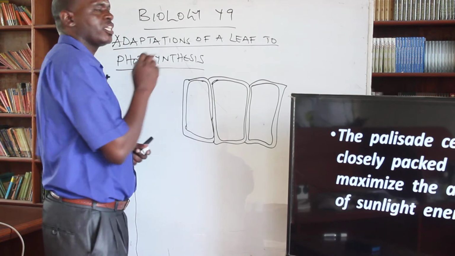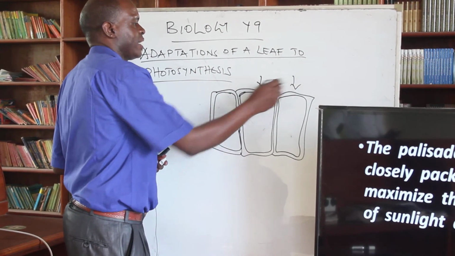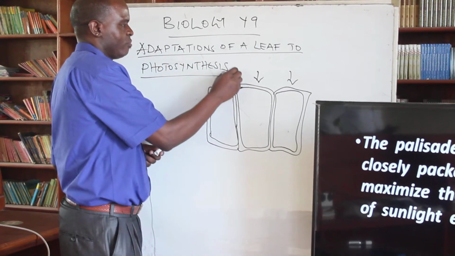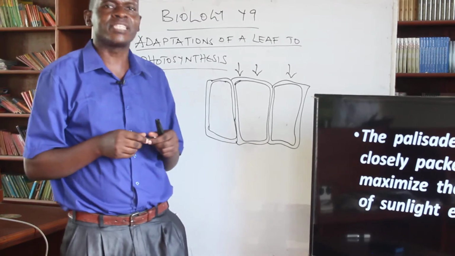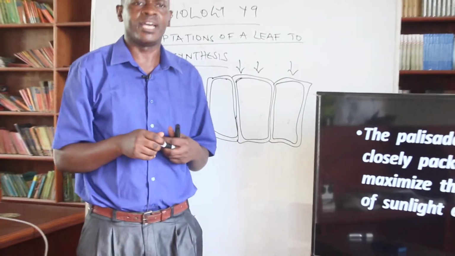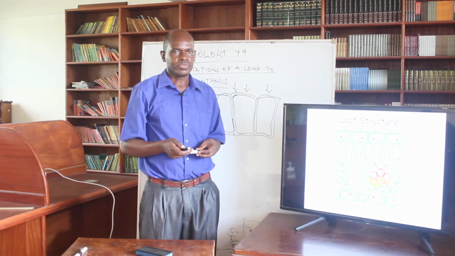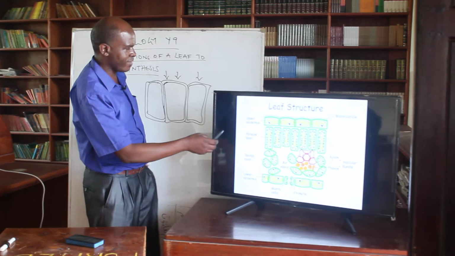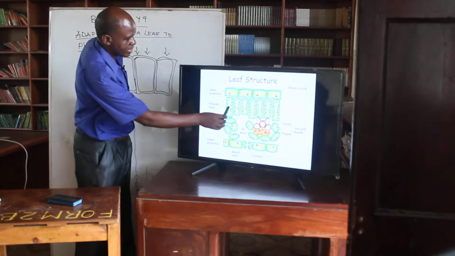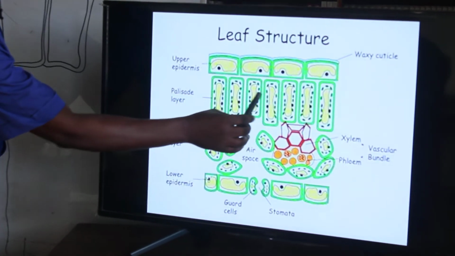The maximization of the absorption of light energy from the upper part is enhanced because of the close packing of the Palisade cells to maximize the absorption of sunlight energy. As seen from this particular diagram, you will discover that the Palisade layer has cells which are very close to each other.